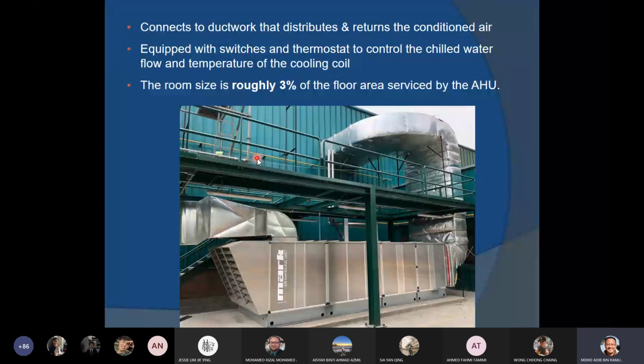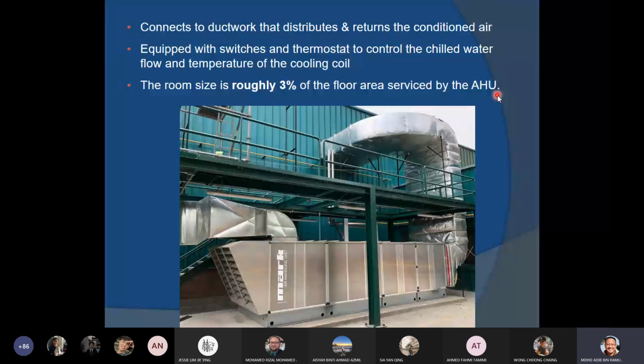For the AHU, the room size is roughly 3% of the floor area serviced by the AHU. I think you need to remember this, because the basic calculation for the plant room, the refrigeration plant, is 5% of the total floor area to be air conditioned. If you have 10 levels, you calculate all the areas of these levels and take 5% of that for the plant room.